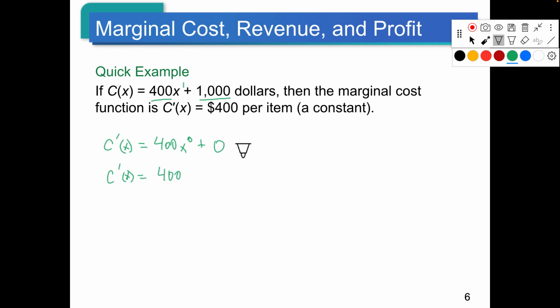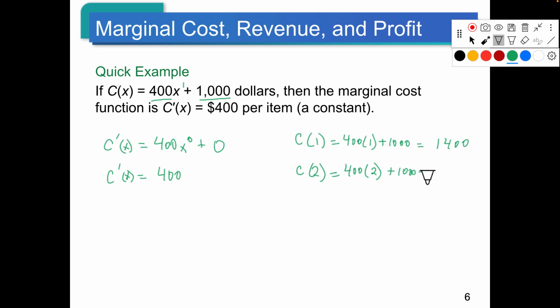Now, I'm going to show you, when we have this function, we can analyze it. What is the cost for the first item? That's 400 times 1 plus 1,000. It's 1,400 to make one item. What would be the cost to make two items? 400 times 2 plus 1,000.